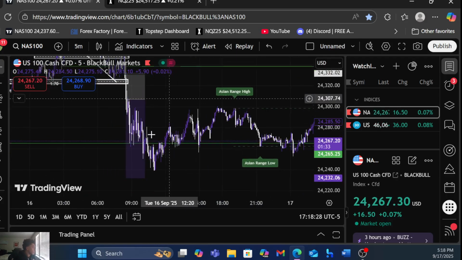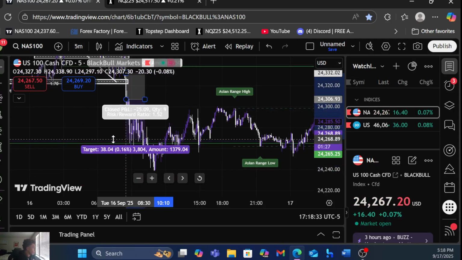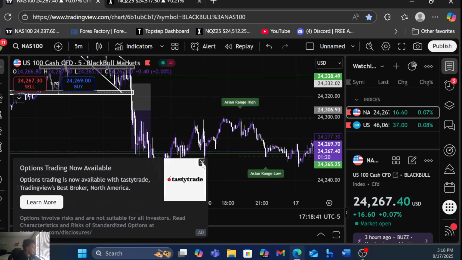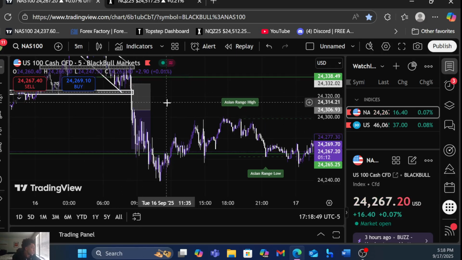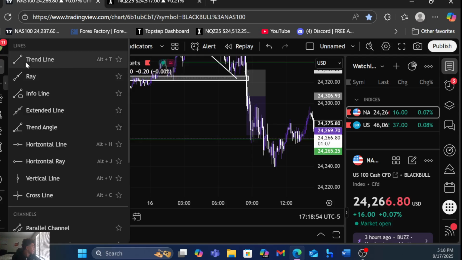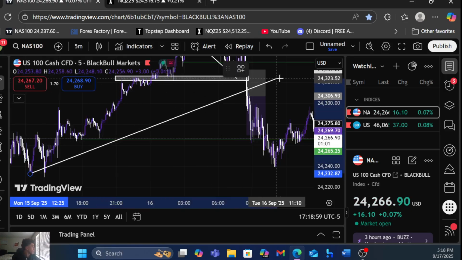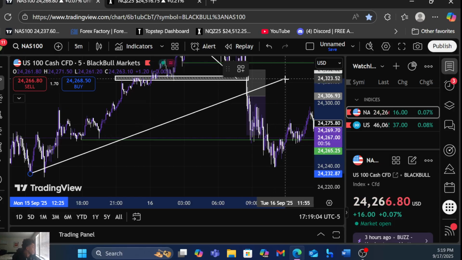Mind you, we got out yesterday around right here at supposedly this 1 to 1.5, just because we added a contract on this particular retracement, because we were respecting this trend line which we had going on. Or was it?